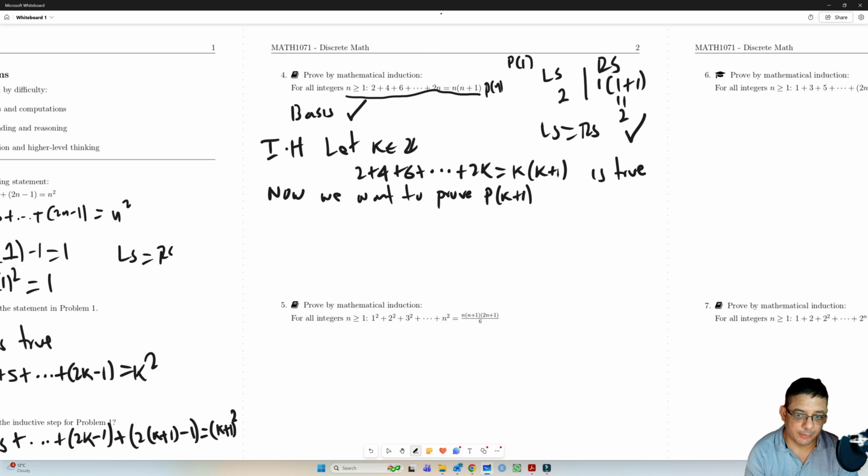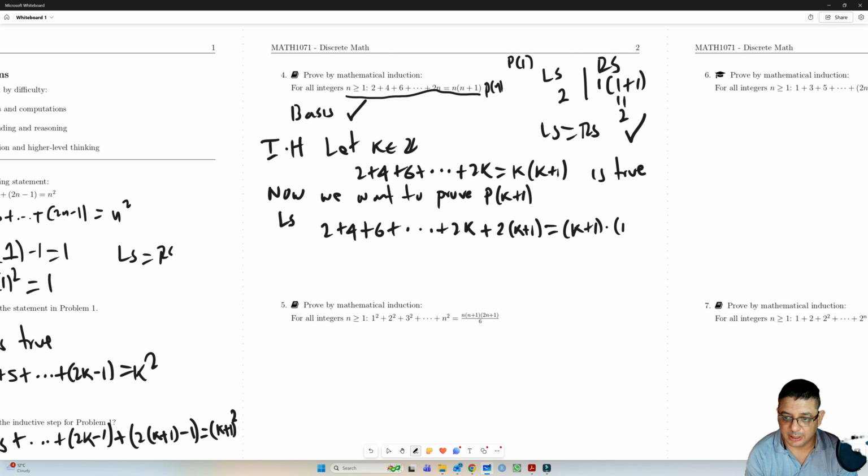What is P of k plus 1? The left side is 2 plus 4 plus 6 plus up to 2k plus 2(k plus 1), and this is equal to (k plus 1) times (k plus 2). This is what we want to show.